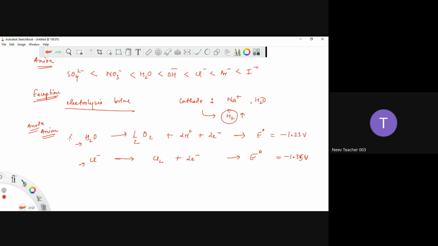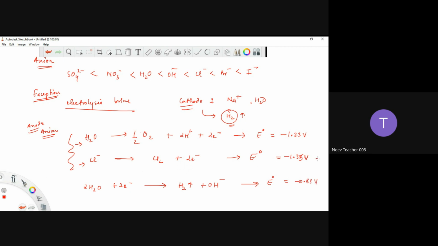Now, anion gives the competition. In the cathode, we are sure that water will get reduced and give H2 gas. So if I write the cathode part, 2H2O gets reduced, gains 2 electrons and makes H2 and 2OH minus. And for this, E naught is minus 0.83 volt.